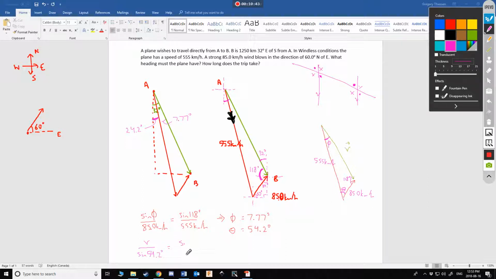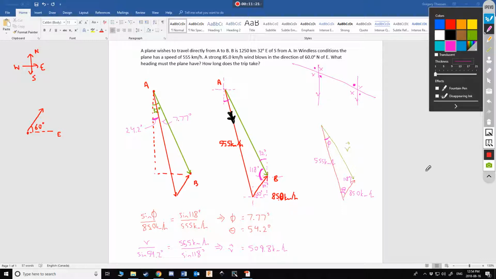So we have 555 kilometers per hour over sine 118 degrees. So when we solve for v, 555 divided by sine 118 multiplied by sine 54.2, and we get an overall speed of 509.8 kilometers per hour.